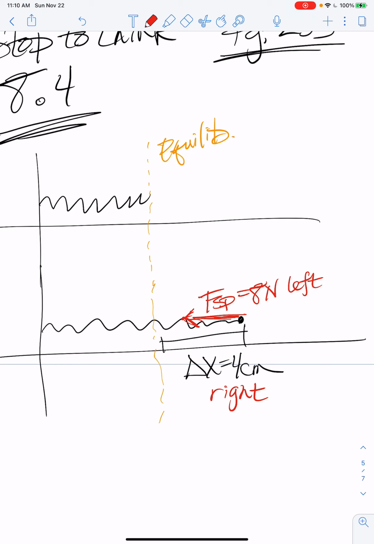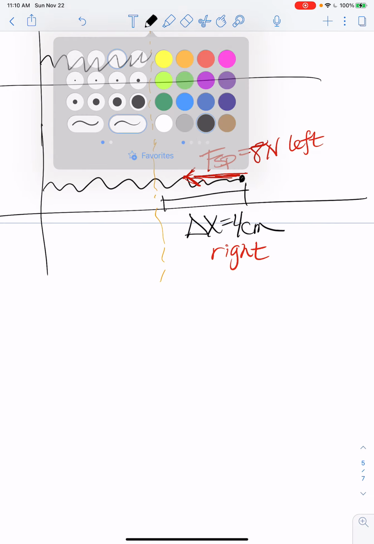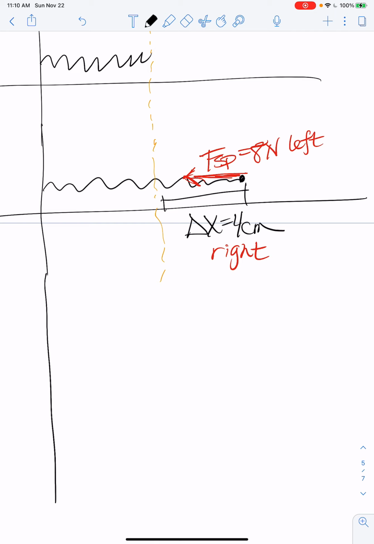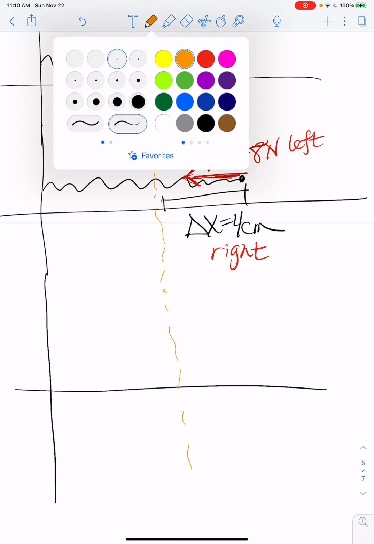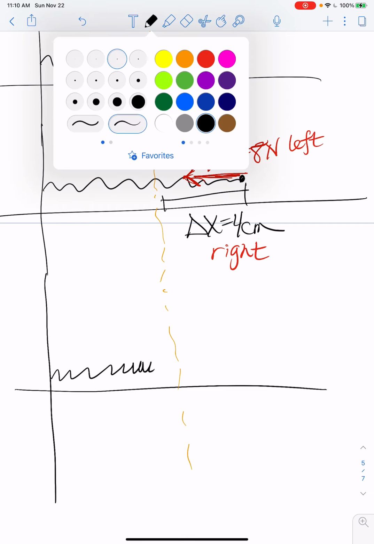All right. If the spring is returned to equilibrium and then pushed to the left by 2 centimeters, okay, so we're going to return it back. Let's draw equilibrium again. Now we're going to compress the spring half the distance, right?